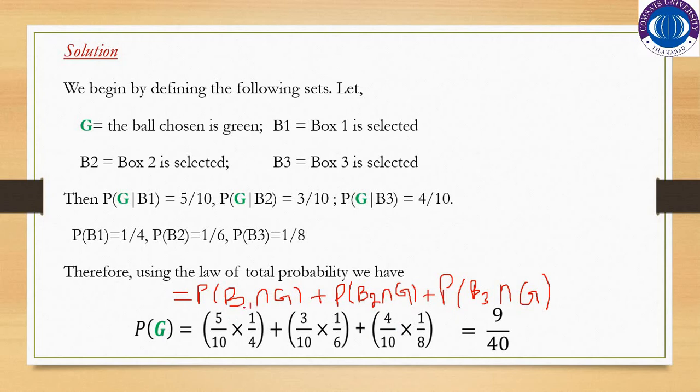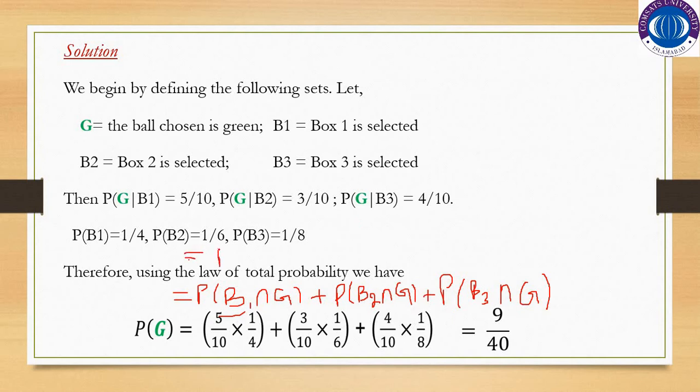So, the selection of the green ball from box 1 is 5 by 10 and the selection of box 1 is 1 by 4. You can apply the total law of probability here by opening it further.